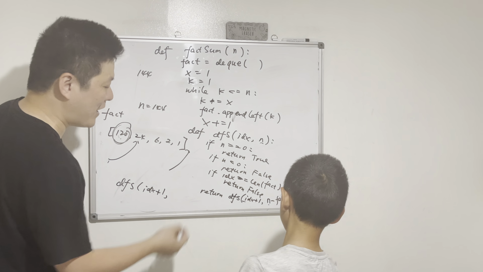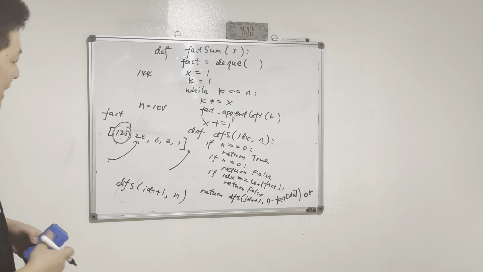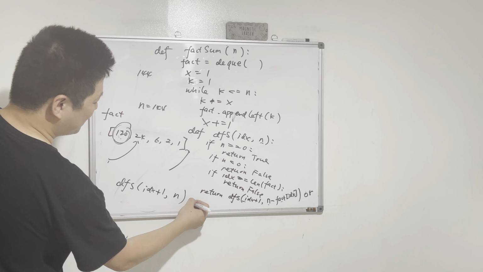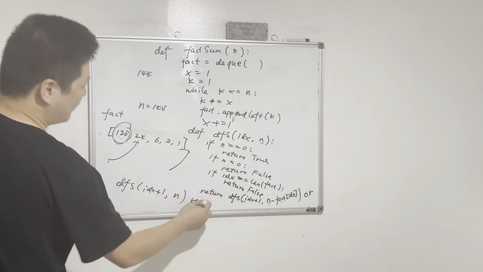No. So it will be n, right? And then I just return DFS with index plus 1 and passing n. So this is pick, this is not pick, and if one of them is true, it means that we found a way, right?